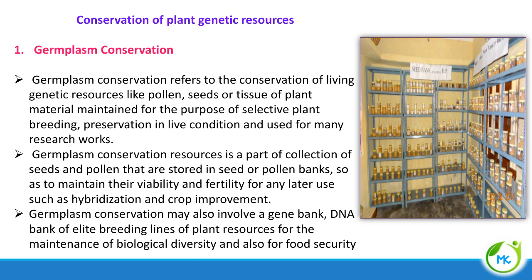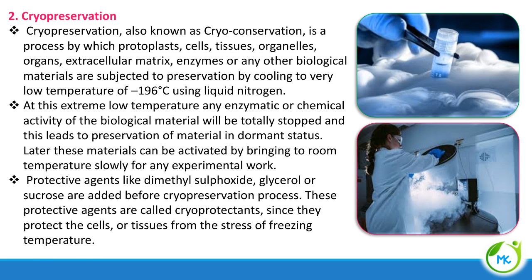Germplasm conservation may also involve a gene bank, in which the DNA bank of elite breeding lines of plant resources for the maintenance of biological diversity and also for food security. The next topic, how to conserve, is cryopreservation. So it is otherwise called cryoconservation.